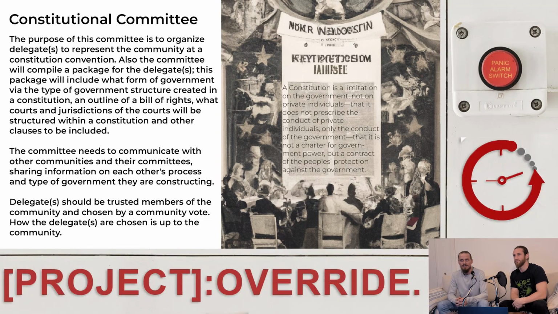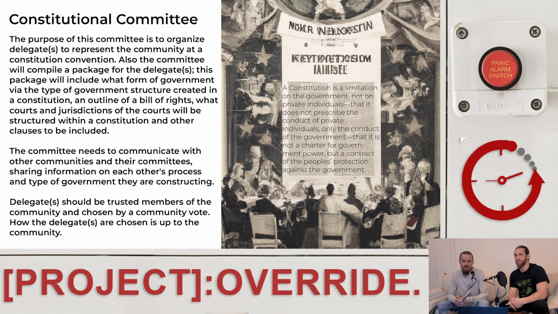This is taken from The Myth is Canada as well. The purpose of this committee is to organize delegates to represent the community at a constitutional convention. Also, the committee would compile a package for the delegates. This package will include what form of government, via the type of government structure created in a constitution, an outline of a Bill of Rights, what courts and jurisdictions of the courts will be structured within a constitution, and other clauses to be included.